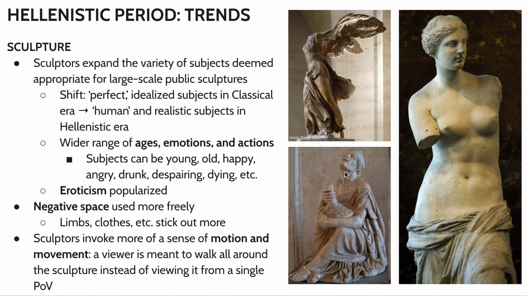You'll see figures that are drunk or sleeping, or happy, or sad, or whatever. So we're seeing an element of humanity and humanness that is being injected into depictions of figures. And we're not really seeing that in earlier Greek artwork.